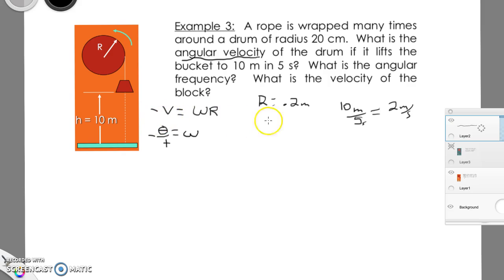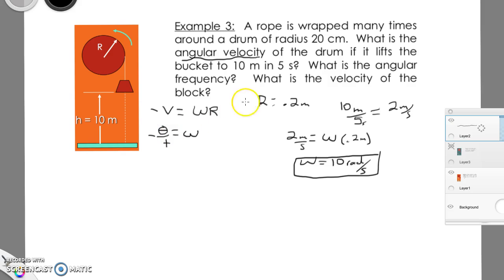So if we want to use that first equation, we say that 2 meters per second equals omega times our radius of 0.2 meters. We divide the 0.2 over, and we get that omega is equal to 10 radians per second. Okay?